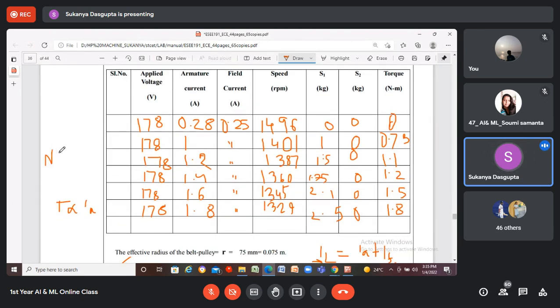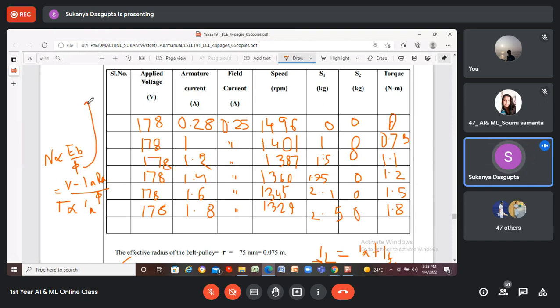It is proportional to EB by phi, where phi is the flux. And EB is the back EMF, which equals V minus IA RA. That means speed is also proportional to the back EMF because the flux is constant.